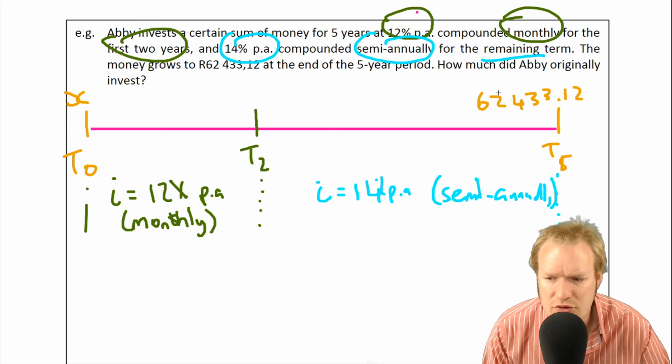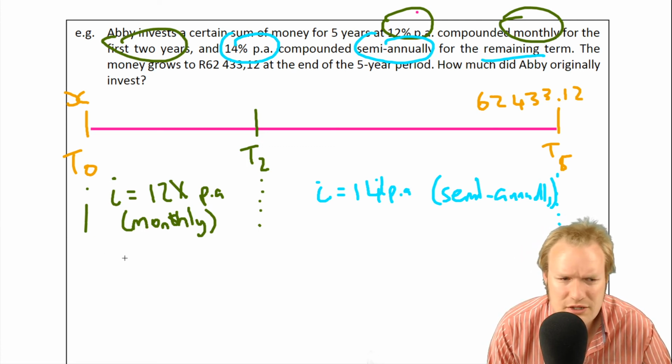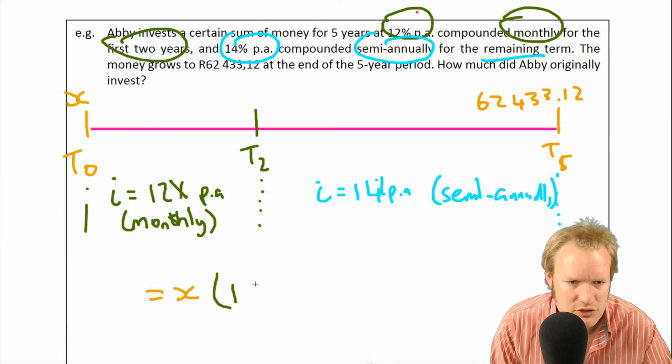How much did she originally invest? Well, it works the same as the others. Whatever it grows to was, what did we put in? We put in X. Initially for the first 2 years it was growing at 12% per annum compounded monthly for 2 years, 24.